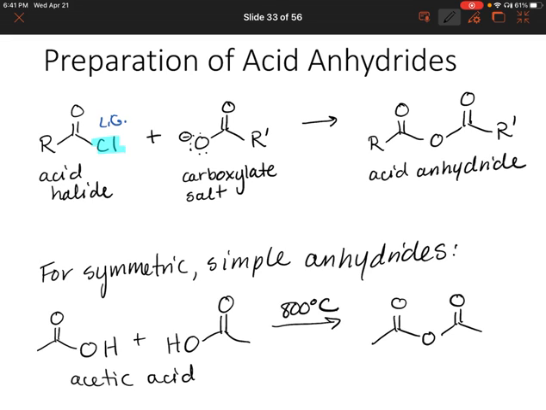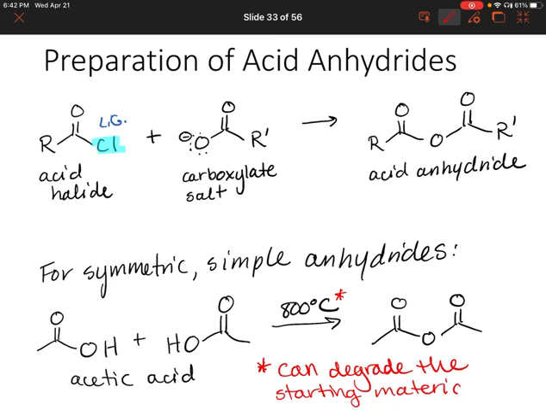Now, that second reaction with the temperature being so high is not desirable for most anhydrides because the temperature can degrade the starting materials. So typically we'll use the first method up above where we combine an acid halide with a carboxylate salt.